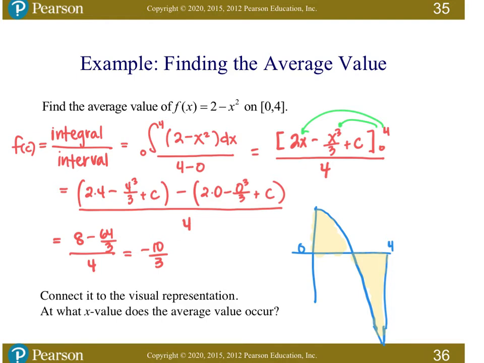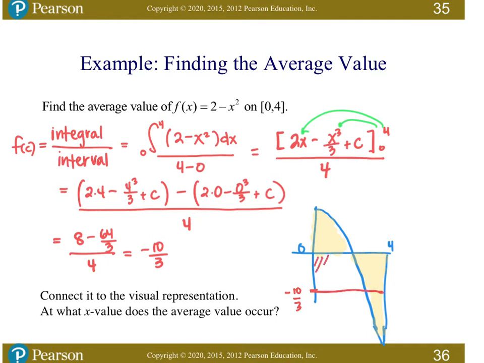of area, I'm not saying that that amount of area is negative 10/3. I'm just saying that that amount of area, whatever it is, is equal to a rectangle that would be drawn at negative 10/3. So down here on the y-axis, straight across.